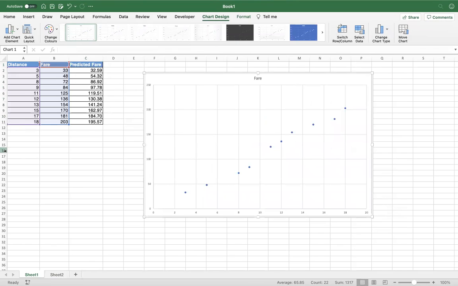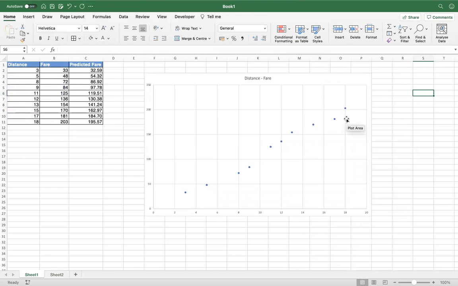This is how our fare is changing with distance, where on the x-axis we have the distance traveled, and on the y-axis I have the fare. So now here we go. This is our graph.